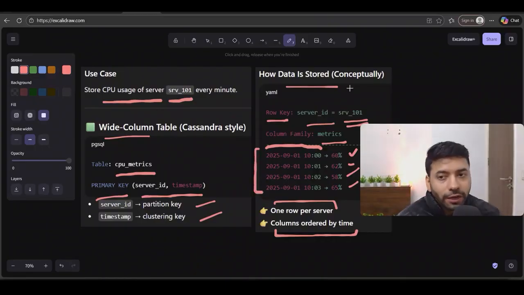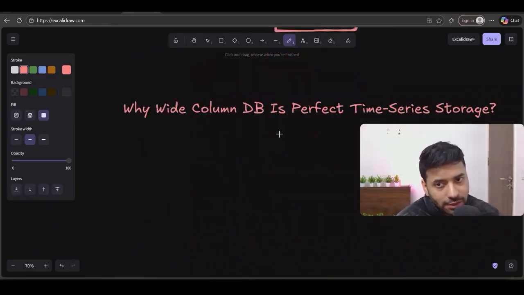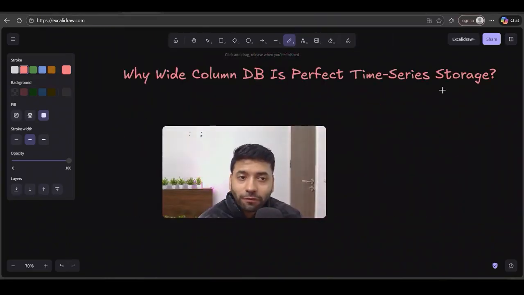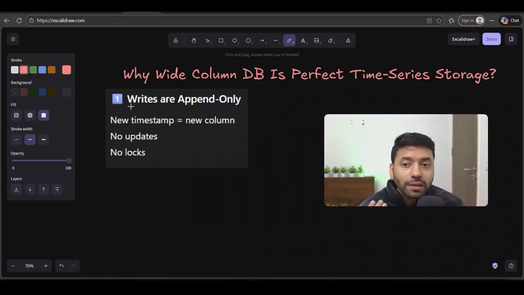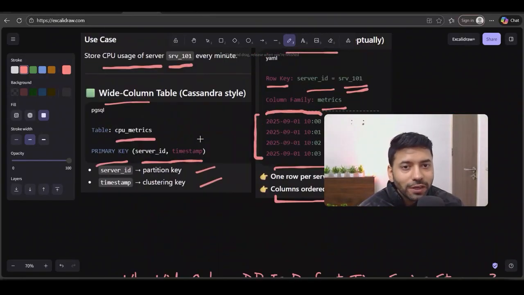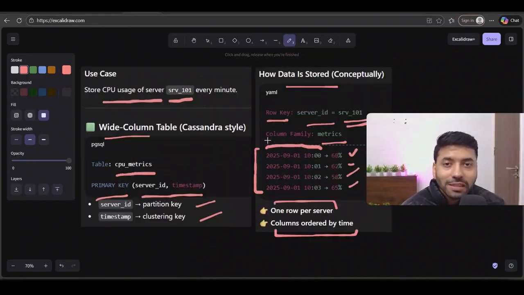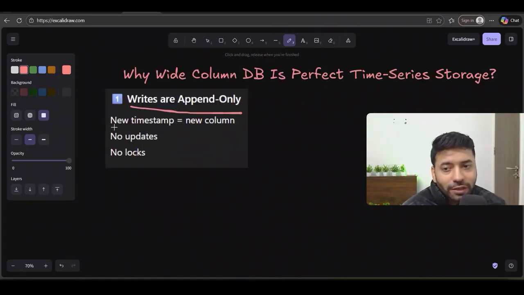This is how the data will be stored in a wide column database. So why is a wide column database perfect for time series storage? Because of the following reasons. Number one, the writes are append only. We are not performing any update operation here, we are just appending data in the same row key. Whenever there is a new timestamp, there is a new column.